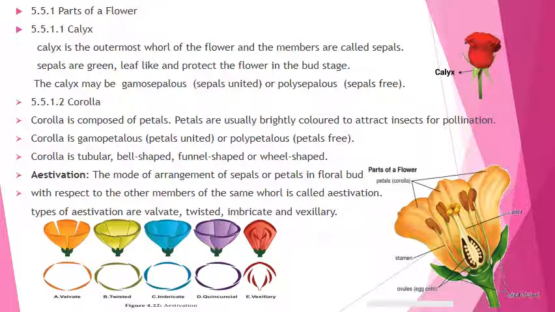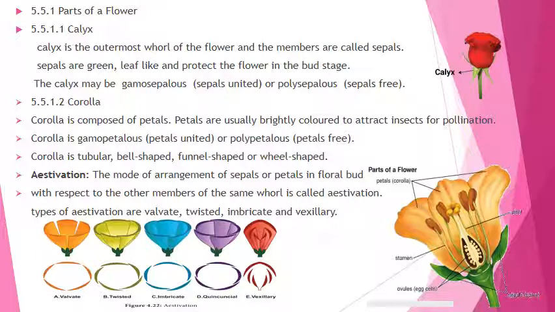Then we discuss estivation. What is estivation? Estivation is nothing but the mode of arrangement of the sepals or the petals in the flower, with respect to the other members of the same whorl. The different types of estivation are valvate, twisted, imbricate, and vexillary.